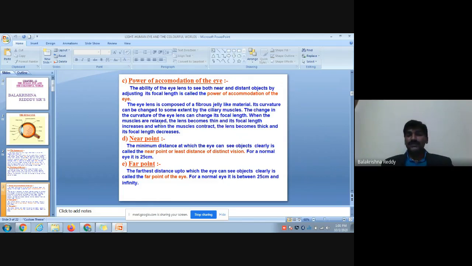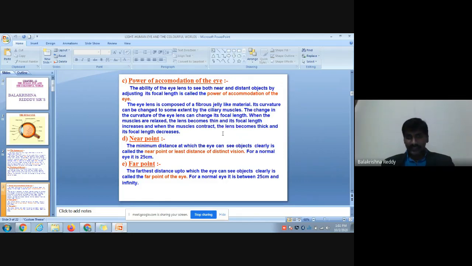So when the muscles are relaxed, the lens becomes thin and the focal length increases. Focal length increases when the muscles are relaxed, when you are seeing with a normal eye. Otherwise, when you need to see a small image, there is a contraction.